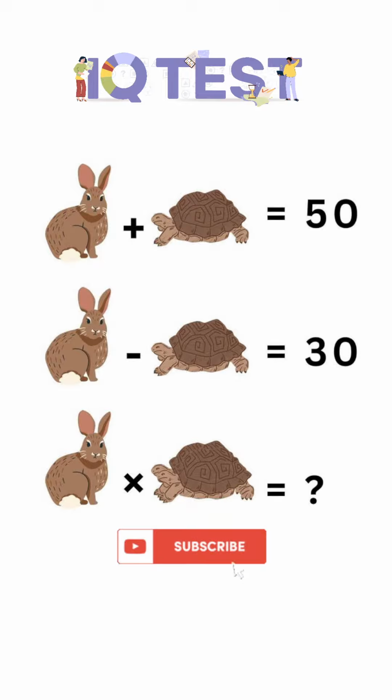So here we have 1 rabbit plus 1 turtle or tortoise, that is equal to 50. Now when we have the rabbit minus the turtle, that will give us 30. So what is the rabbit multiplied by the turtle?